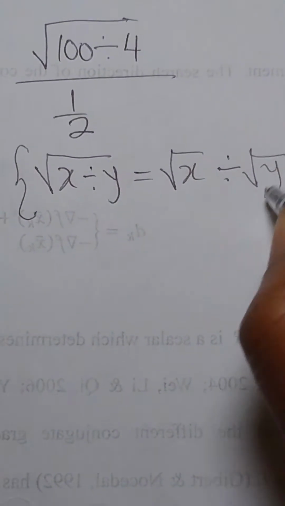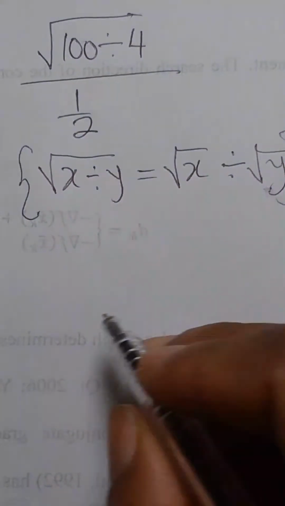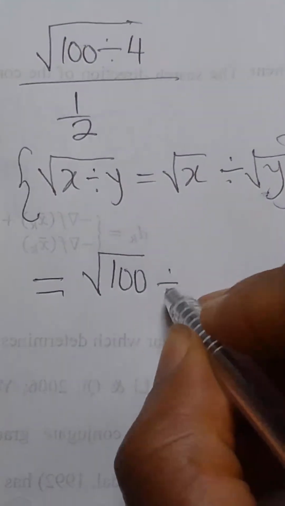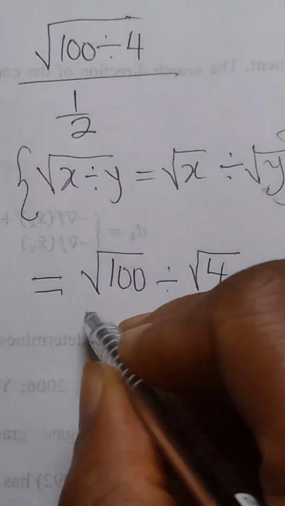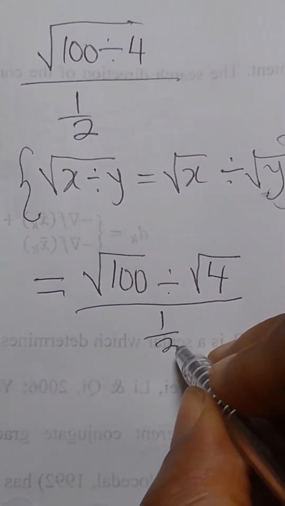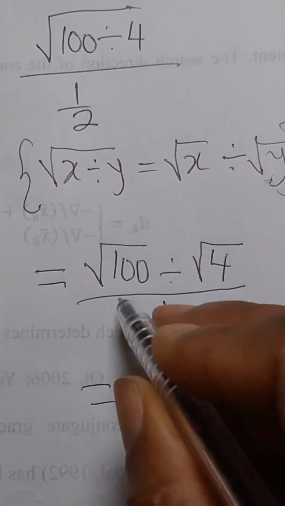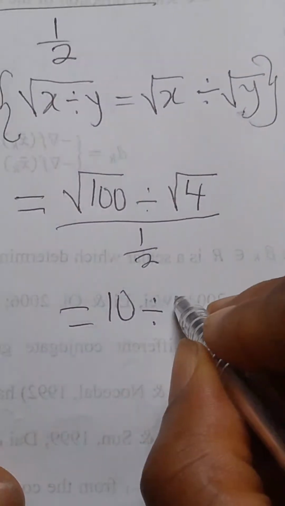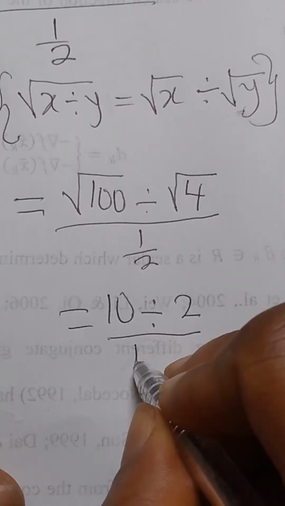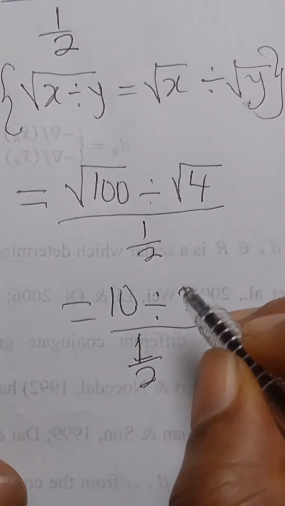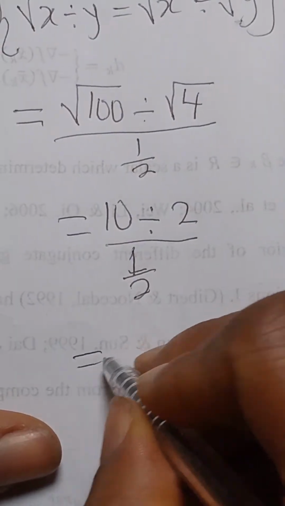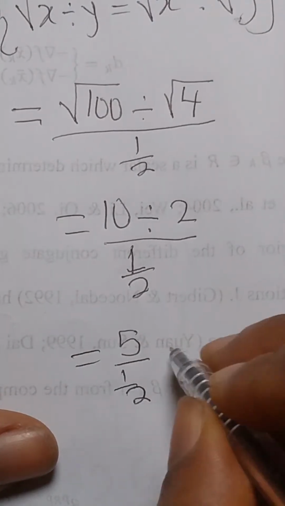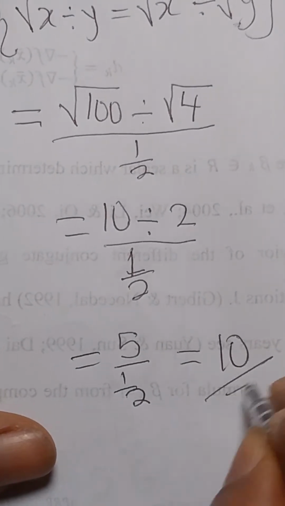If we do that, we now have square root of 100 divided by square root of 4, all over 1 over 2. So square root of 100 is 10, divided by square root of 4 which is 2, all over 1 over 2. 10 divided by 2 gives us 5, so 5 all over 1 over 2. 5 divided by half gives us 10. So the answer is just 10.